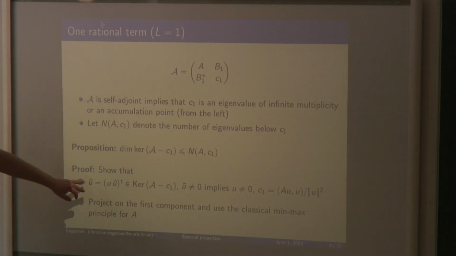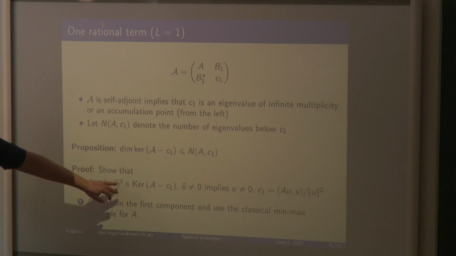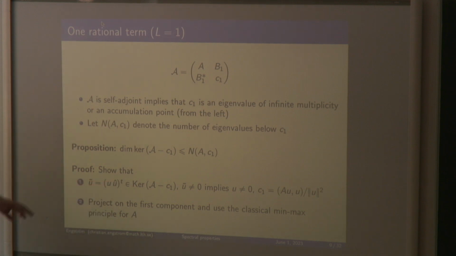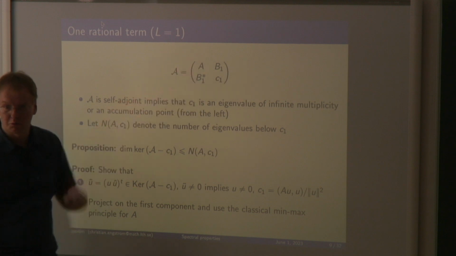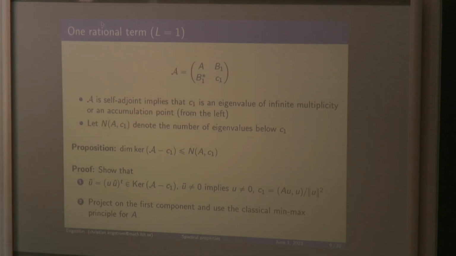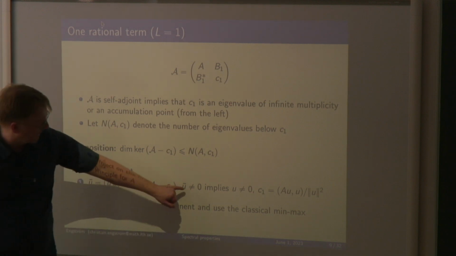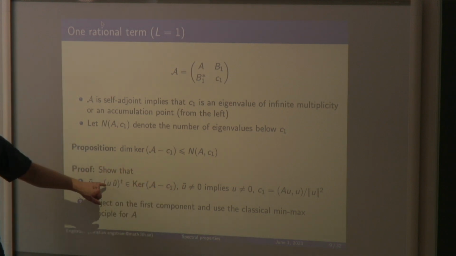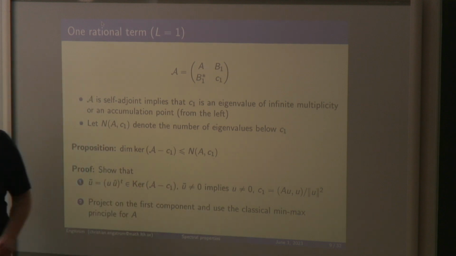First we just take some non-zero vector u tilde, with u and u hat in this kernel. We plug it in to what we have there and see when it's equal to 0. Then we can see that if u tilde is non-zero, then actually the first component here must be non-zero, which we get from the injectivity that we assumed.